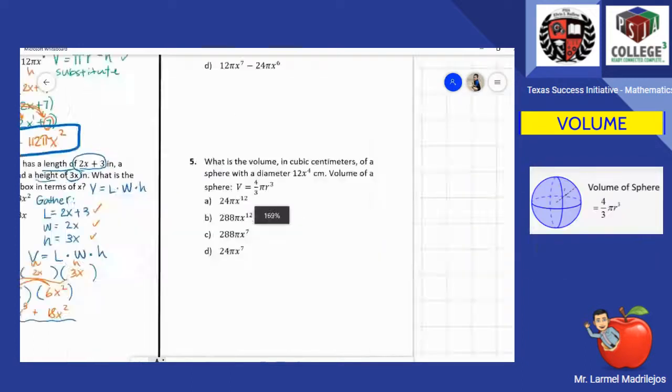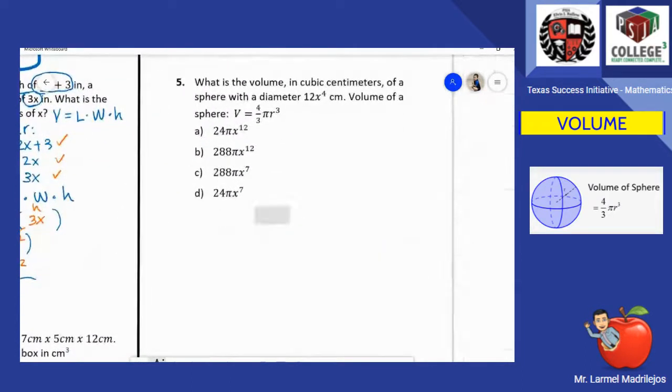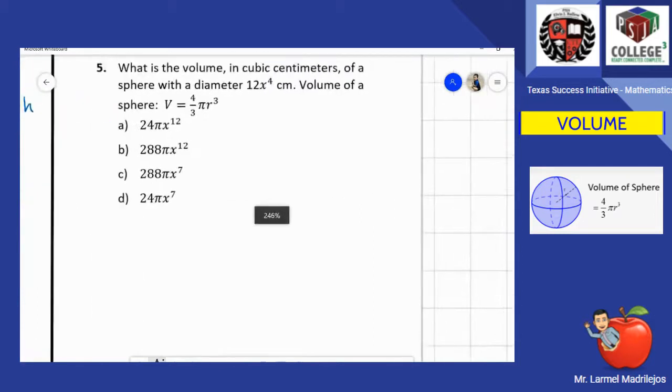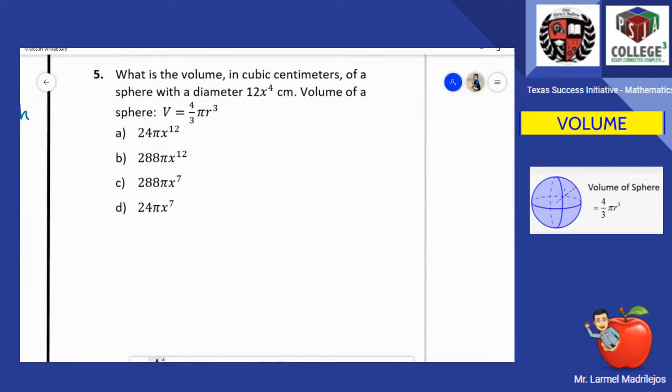Question number 5. What is the volume in centimeter of a sphere with a diameter of 12x to the fourth centimeter? A volume of sphere is V equals 4 thirds pi r to the cube. Sphere. First, I'm going to draw what's a sphere. So it's like a ball. Let's draw a circle, and that's a sphere.